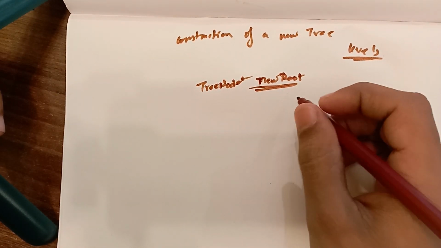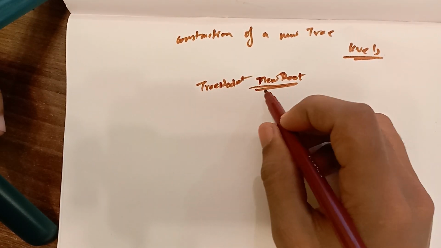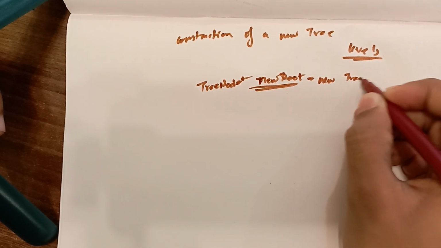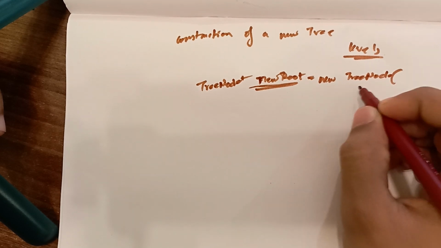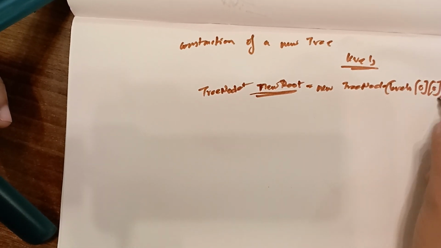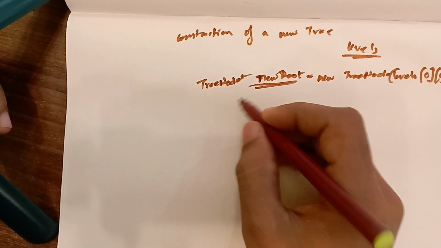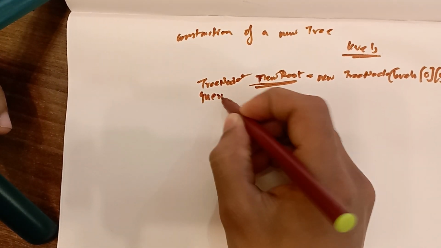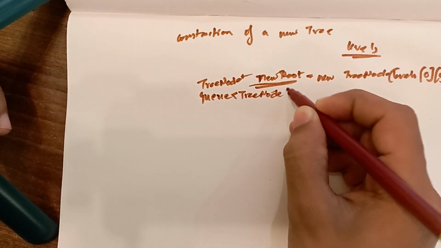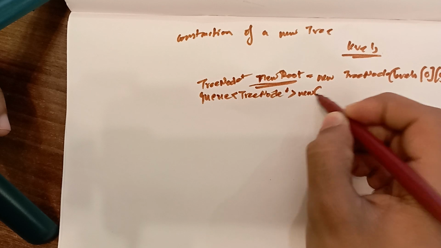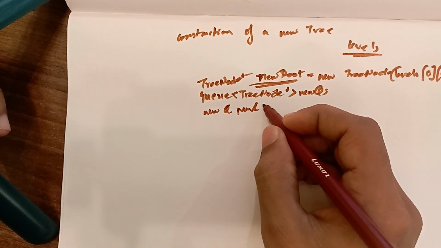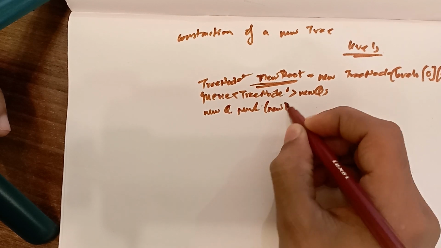The newly constructed tree will have a new root equal to new TreeNode of levels[0][0]. Now we'll be taking another queue for this traversal, and push the new root into the new queue.